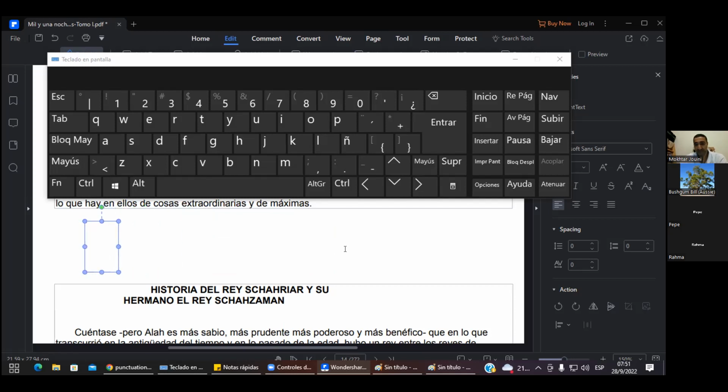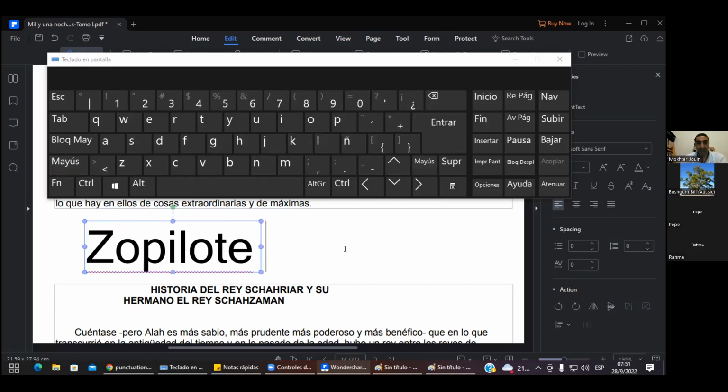But there is a lot, like sopilote. In the Americas, this is the buzzard. What is the other name, Bill, for the buzzard?